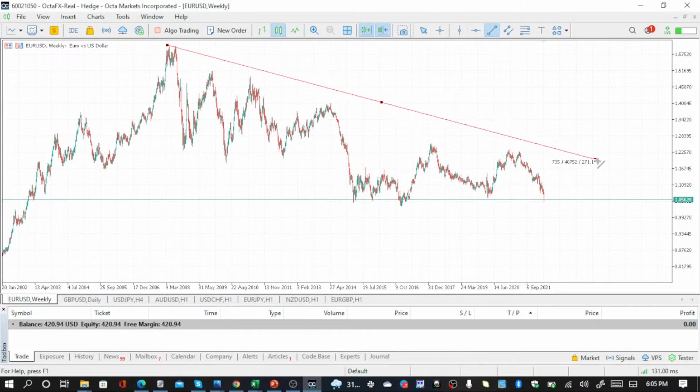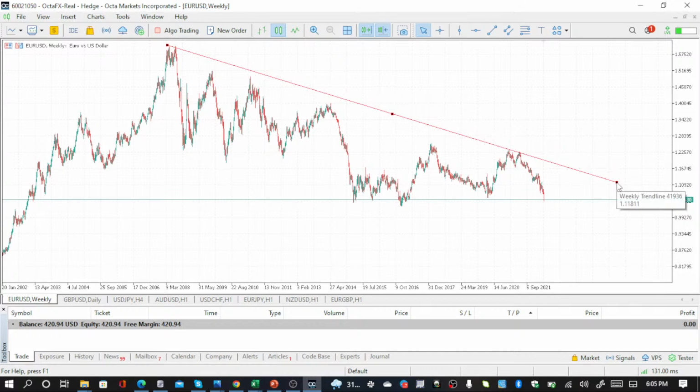From the look of things, we can see that the market has been on a downtrend. Now, let's identify what level the market is currently at.